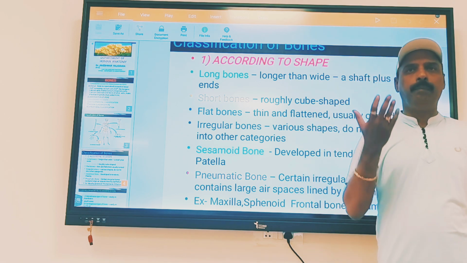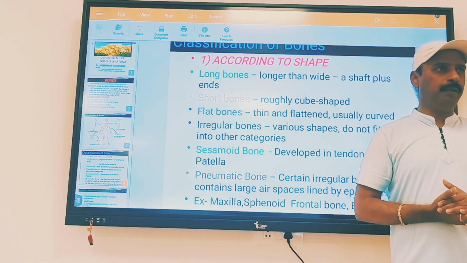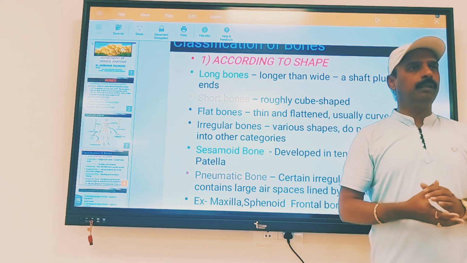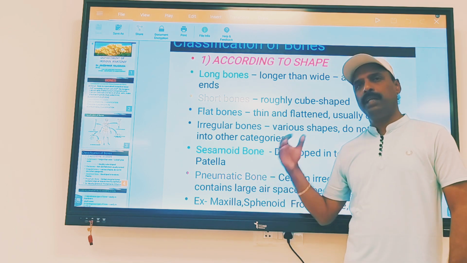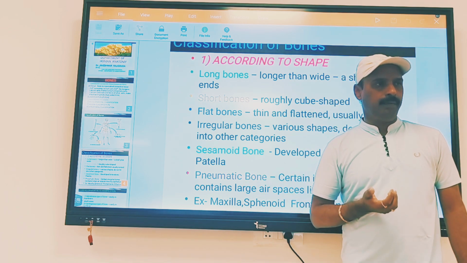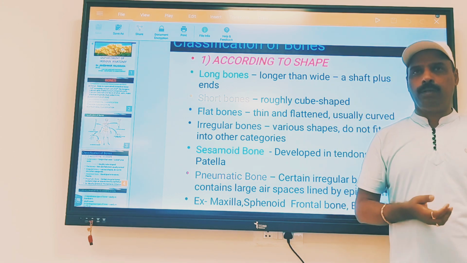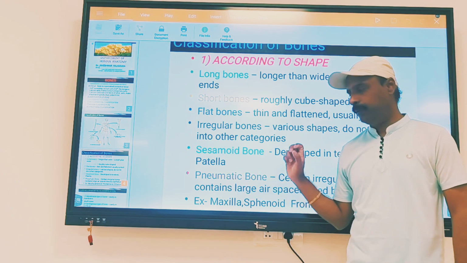Whenever you get a bad cold, now everyone is suffering from bad cold, cough, flu, at that time it affects these bones, the sinuses, so they change the voice. You get a change in the voice as if we are talking through the nose. That is all because of the affecting of the pneumatic bones.